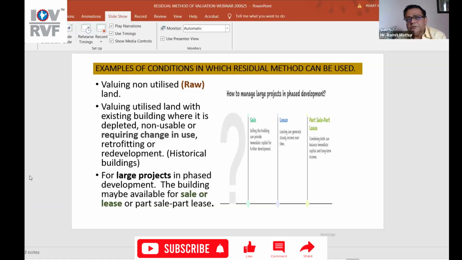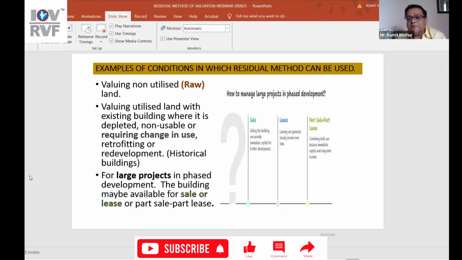The government wants to redo it, and they say the running cost should be taken care of by the people who are visiting, through tickets, and the development cost we should be able to pay for. In such a situation, when historical buildings are being renovated, this method is used, so they know what revenues they can expect, what the running cost of the premises will be, and what the development cost will be. So here the land cost is not the residual cost, right?